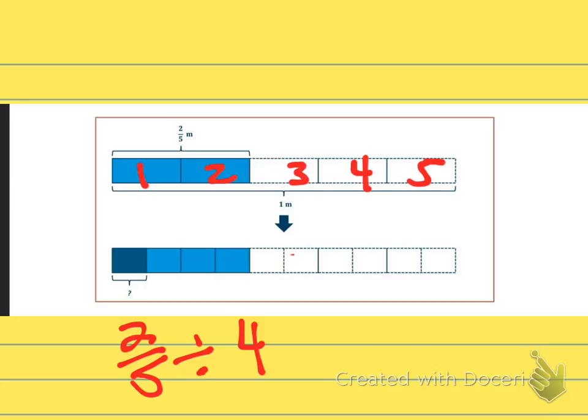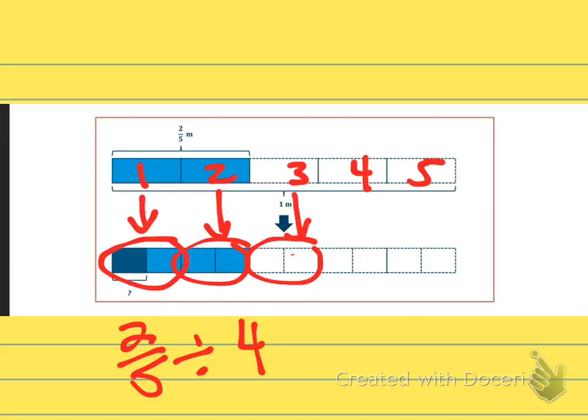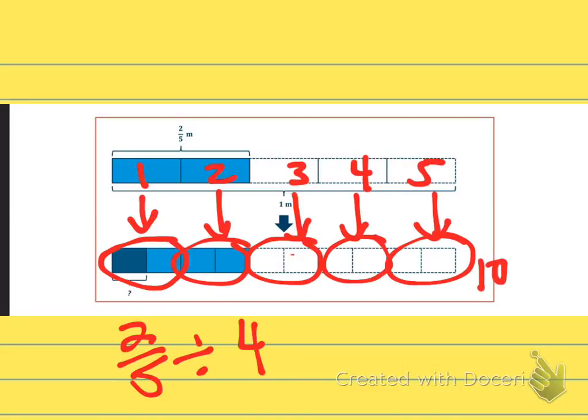But we need to split it by 4. So each piece here became 2 pieces, right? We cut each piece in half. So now, instead of having 5 total pieces, down here we have 10 total pieces, right?